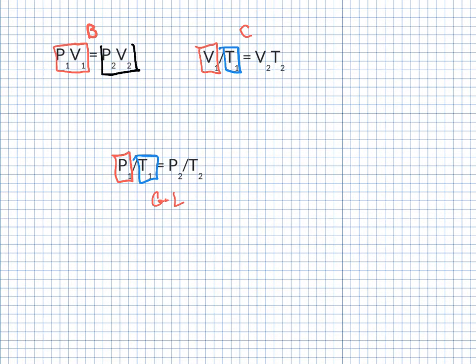So in Boyle's, that's P2, V2. In Charles, oops, that should be a bar right there, so it's V2. And in Gay-Lussac, it's P2. And then lastly, let's do the denominators. There are no denominators in Boyle's. Denominator of T2 in Charles and T2 in Gay-Lussac.